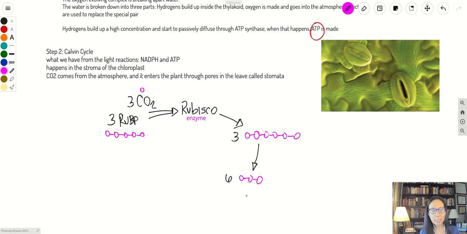Okay, and G3P is very important because G3P is what we can use to make glucose. So I'm going to put an arrow here, and we're going to have 6 G3Ps. And this is also a 3-carbon molecule. Then one of these G3Ps is going to be used to go make glucose.